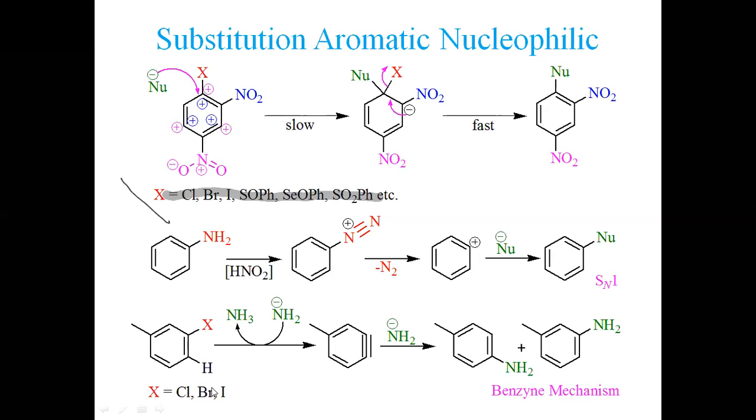X is a halogen, so it shall generate a triple bond, but this is a highly unstable entity. So it reacts with another sodamide. Now the nitrogen can add to this carbon, or to that carbon. It has equal opportunity. That's why we get the nitrogen bonded here, or bonded at this position. This is following the benzyne mechanism.